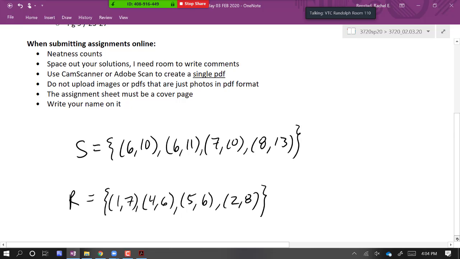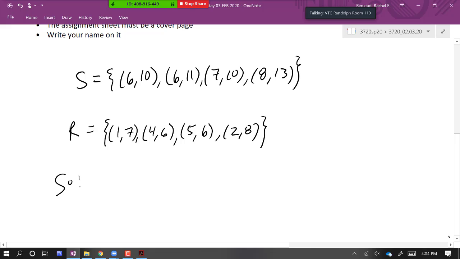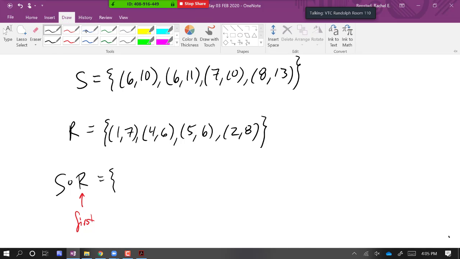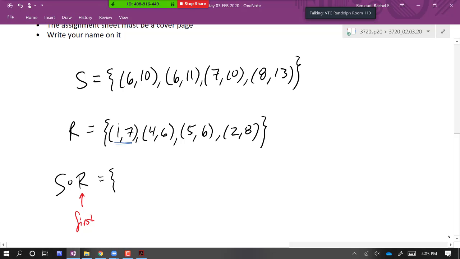And we want S composed with R. Okay. So when we do S composed with R, the inside relation always comes first. So I apply the R relation first. So notice, R sends 1 to 7, right?